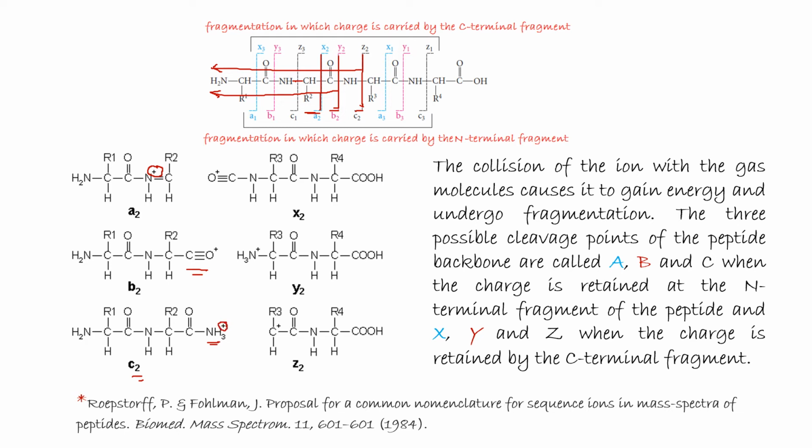For X2, you will see that part, and the structure of the ion will be acylium from the terminal. And here is Y2. It will end up with nitrogen with a positive charge on it.